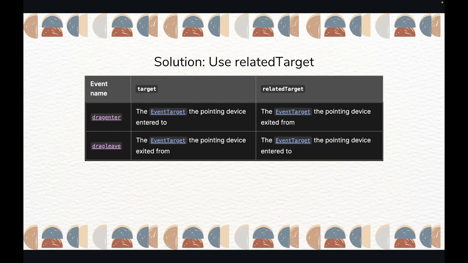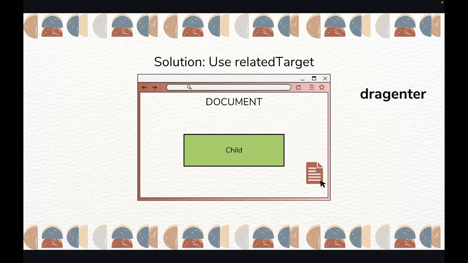So I'll show you that visually. So let's say if we are inside the browser window and we are entering inside a child, let's say a drop area, then the target would point to the child and the related target would point to the document object.